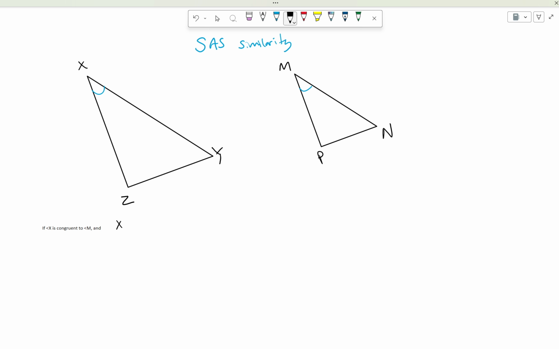So it would be XY and XZ as my two sides from one. And then it would be the left and the right with the included angle M. So MP to MN. Okay. And now these aren't congruent, but I have this side and this side, and then I have this side and this side that are going to correspond. And you guys can see the angle that's congruent is included. Okay.